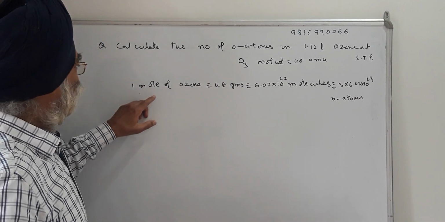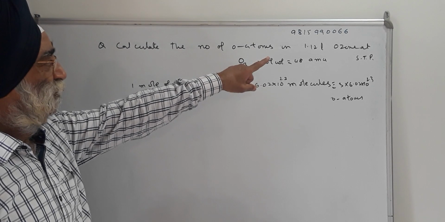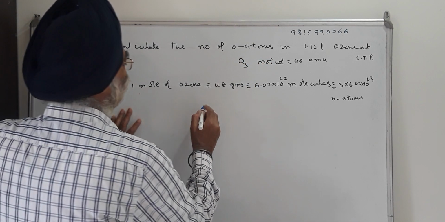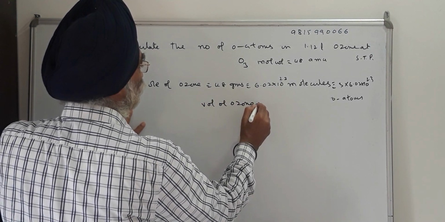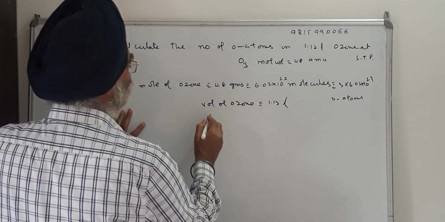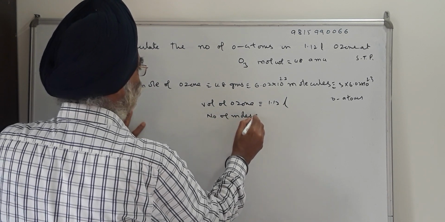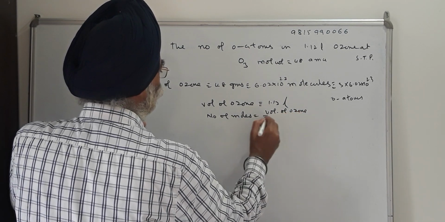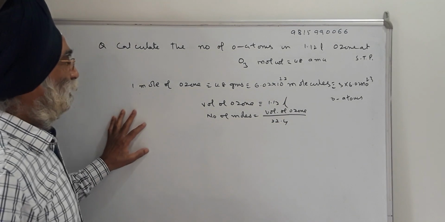One is converting this volume into the number of moles. Let us do it. Volume of ozone is 1.12 liters. The number of moles is volume of ozone over volume occupied by 1 mole, 22.4 liters.